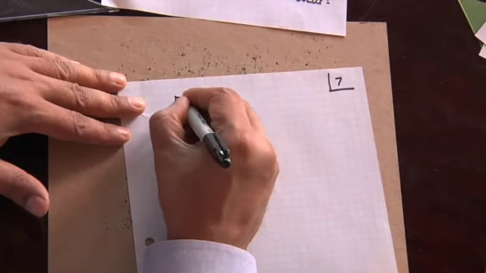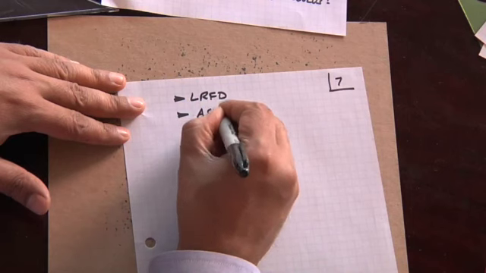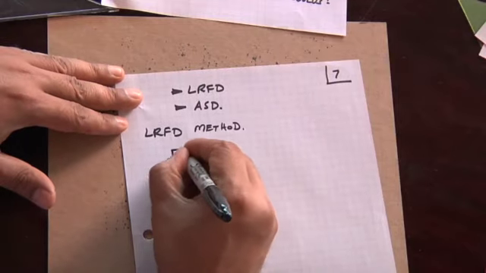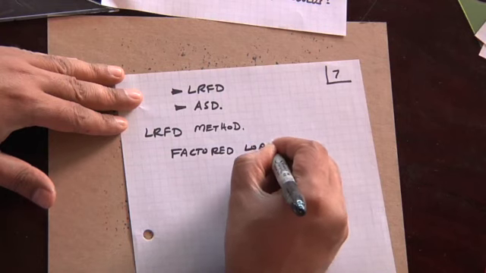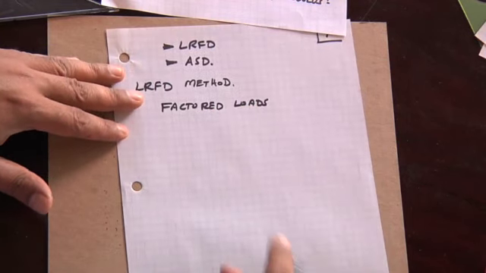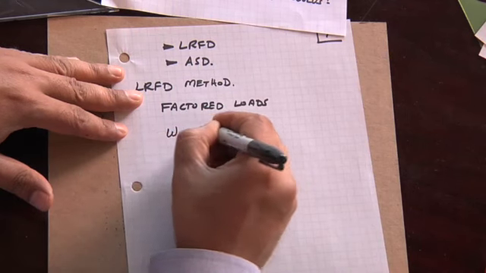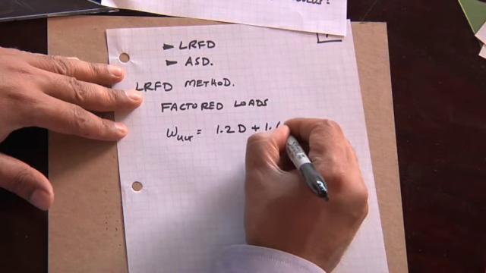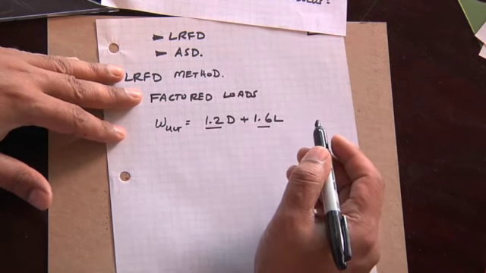One is using the LRFD method, and the other way is using the allowable stress design method. Let's do the LRFD method first. In the LRFD method, we have to use factored loads. Our ultimate load is going to be 1.2 times the dead load plus 1.6 times the live load. These load factors come from the code books.